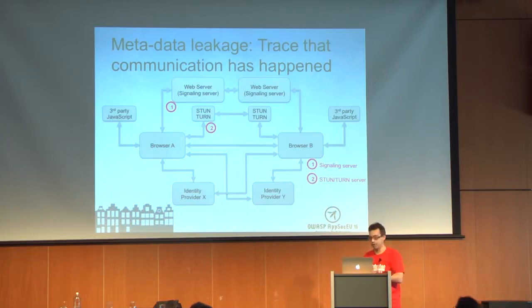At this moment, we expect that only a few large providers will provide the STUN services. People experimenting with WebRTC are typically using, for instance, the STUN of Google to connect. So a lot of data is coming in at Google as well, and they could do some aggregation to see which connections have been set up. More important, if you're using TURN to relay, of course, the TURN server has a very good view of which connections have been set up between two parties.